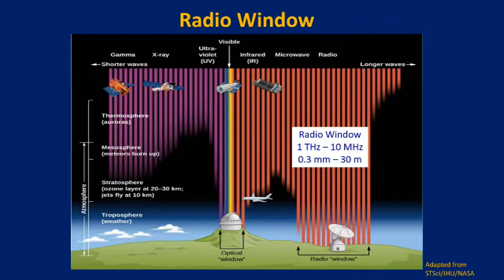Earth's ionosphere will absorb or reflect radio signals of lower frequencies. So if you want to do radio astronomy at frequencies lower than approximately 10 megahertz, you've got to go into space. But at frequencies higher than that, you can do most of your observing from the ground.